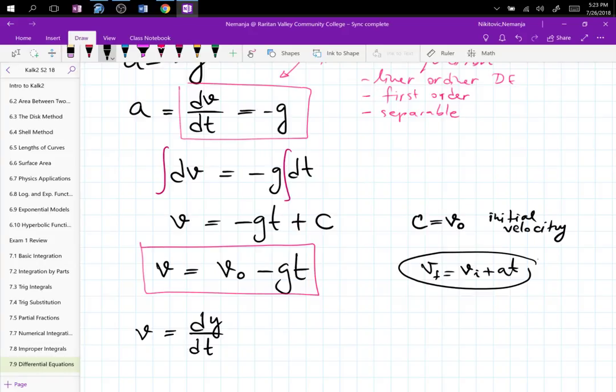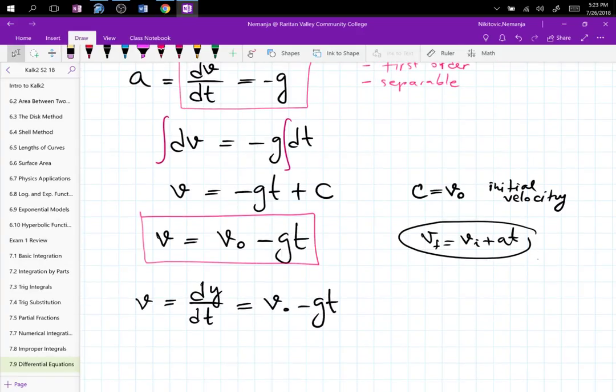Because it's the change of position. The velocity is changing position. Acceleration is changing velocity, and then velocity is changing the position. So now we have another linear separable first order differential equation that we can work on.